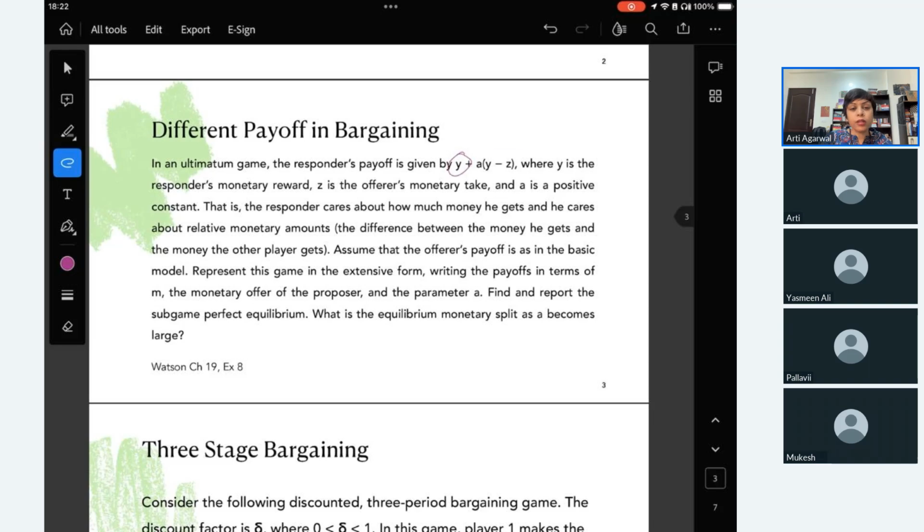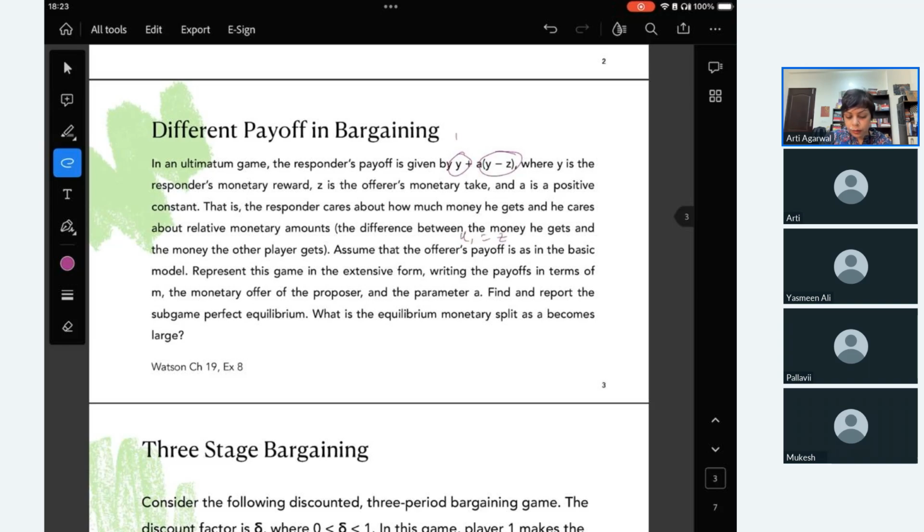So player 2's payoff function is not simply y, it is y plus a times (y minus z). And we're saying assume that the offerer's payoff is as in the basic model, which means player 1 is getting z. So we can just write here u1 is simply equal to z, whereas u2 is equal to this value here.